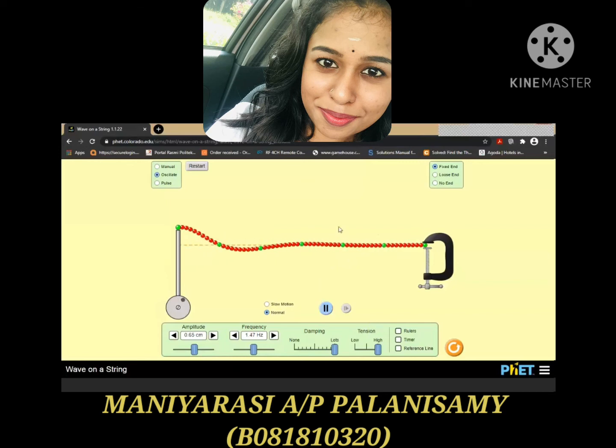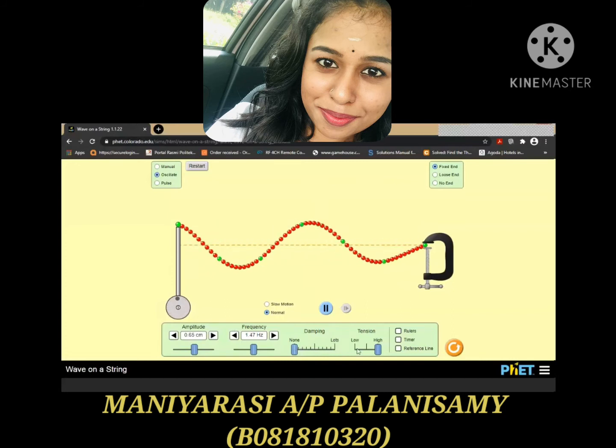Increasing damping shows that the loss of energy of the wave is very rapid, and the viscosity and friction in the medium is very large. Higher damping indicates the wave will not be able to go far. So with lower damping, the wave will be able to go far until the end.